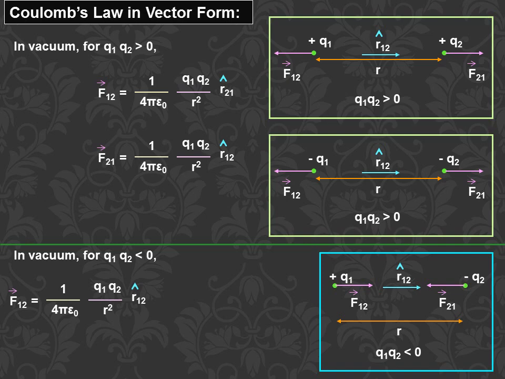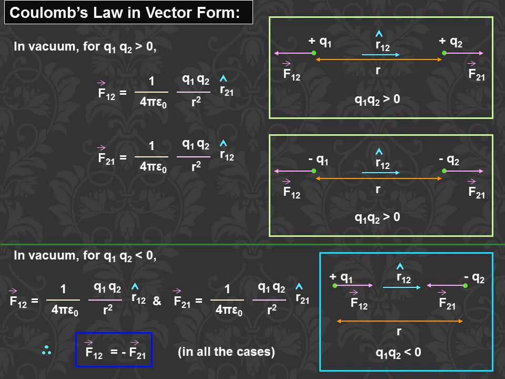F12, the force on charge Q1 due to Q2, is equal to 1 upon 4 pi epsilon naught Q1 Q2 by R square R cap 12. In a similar manner, F21 is equal to 1 upon 4 pi epsilon naught Q1 Q2 upon R square R21 cap, which shows that the direction of F12 is opposite to the direction of F21. Therefore, in vector form, F12 is equal to minus F21, although the magnitude in both cases remains the same.